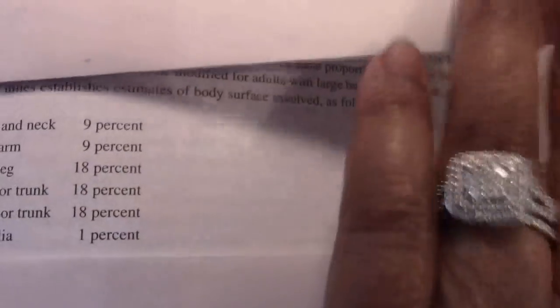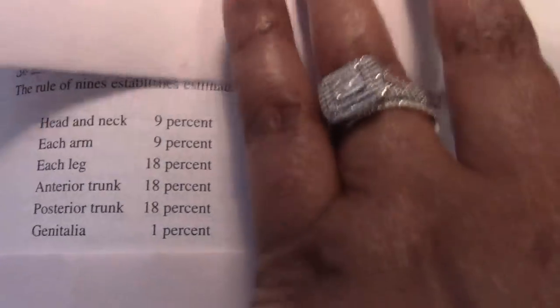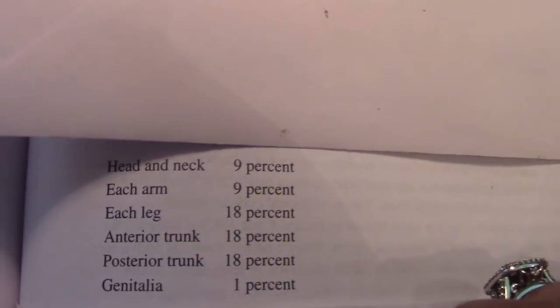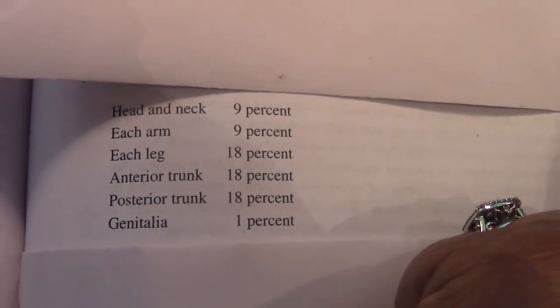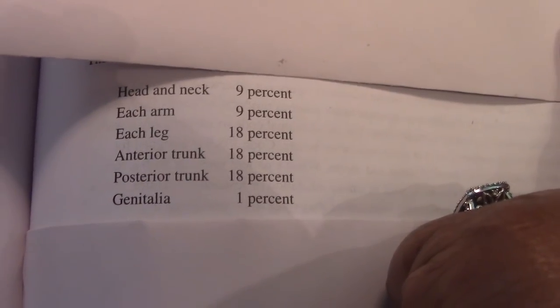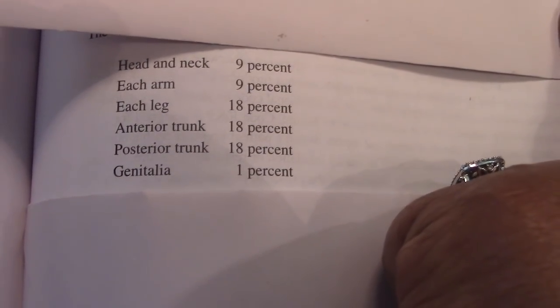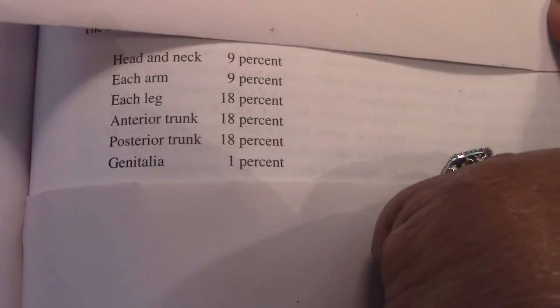So for that, we have what's called the rule of 9, which I mentioned to you earlier. And the rule of 9 says, I don't want to confuse you with all these other notes. Here are your notes. Head and neck are 9%. Each arm is 9%. Each leg is 18%. Anterior trunk is 18%. Posterior trunk is 18%. And genitalia are 1%.